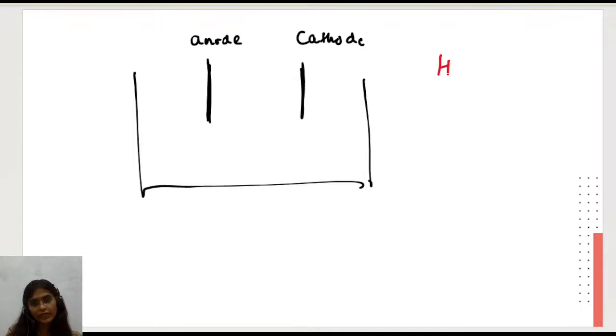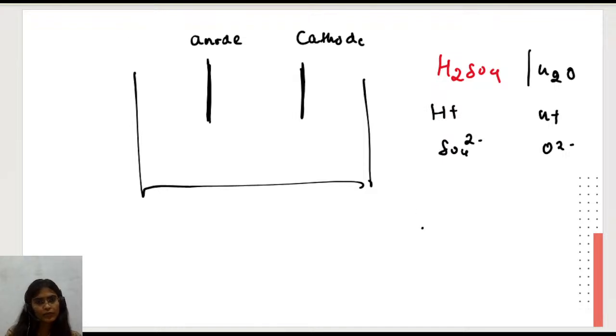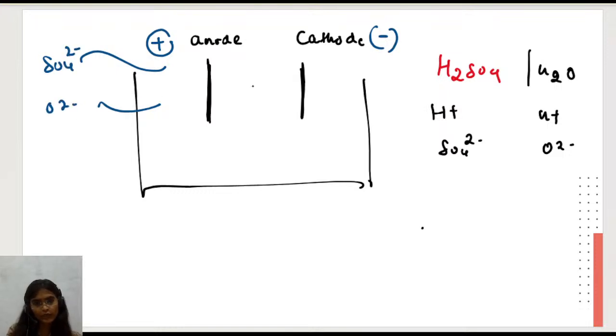So you mean to say, suppose I'm using H2SO4. In the ions, H+ is present and SO4 2- is present. And if I'm using water as well, H+ and OH- are present. In the electrolytic cell, the cathode has a negative charge and the anode a positive charge. So toward the anode, both ions can go, that is SO4 2- or OH-, right? And for the cathode side, H+ can move, one choice only. So how to decide between SO4 2- and OH-? This is your question.